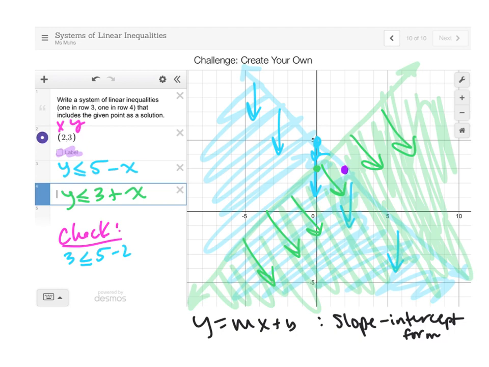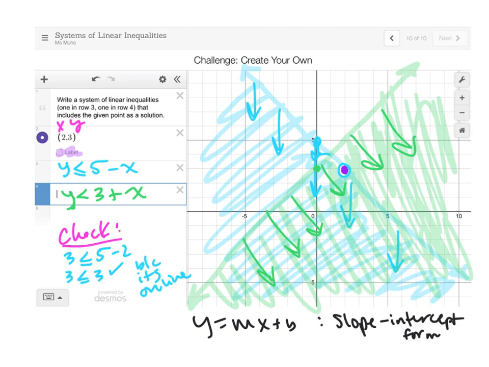I don't need it on the green, I just need it on the blue because I drew it on the line. Okay, anyway. So 3 is less than or equal to 3. Great. That's because it's on the boundary line.